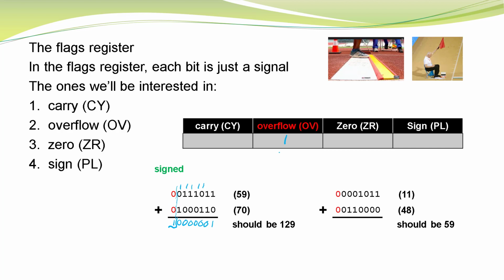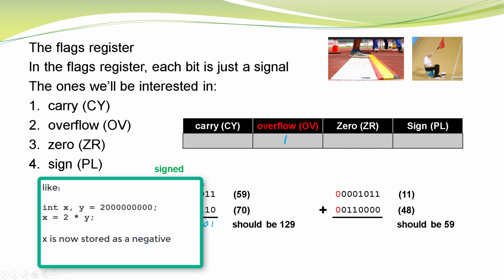Now you're going, wait a minute, why is that overflow? Look what happened. What's my result? A negative number. Remember when you were learning high-level language and you ended up storing a value that was too big into, say, an int, and then you printed that out?